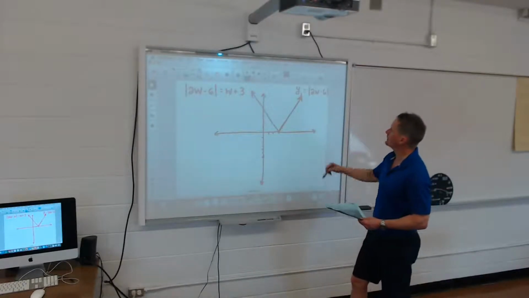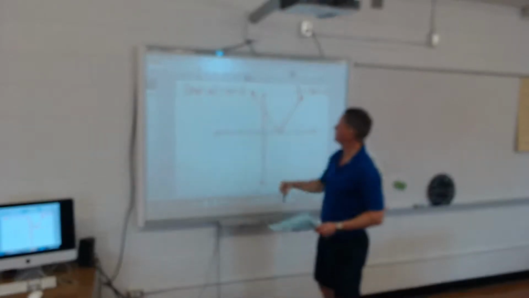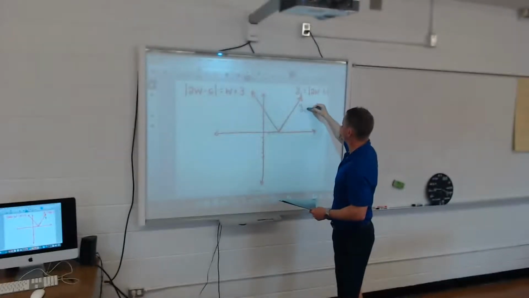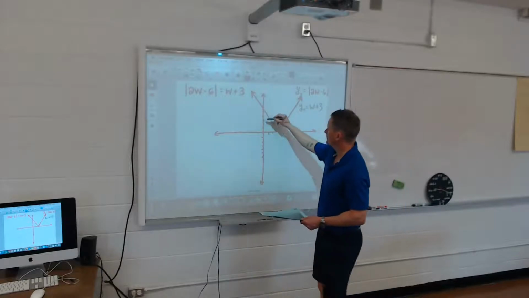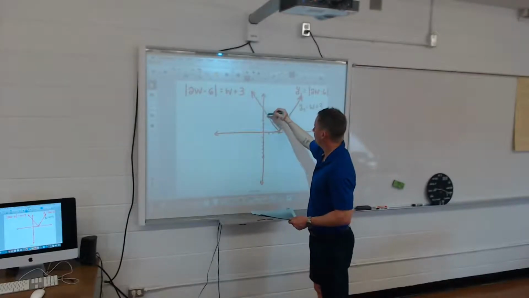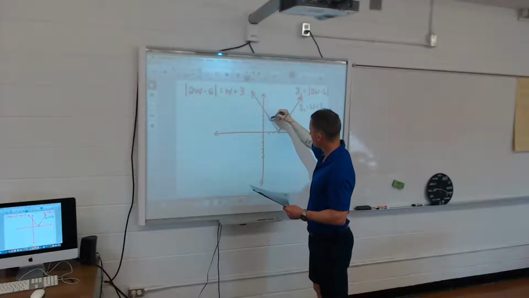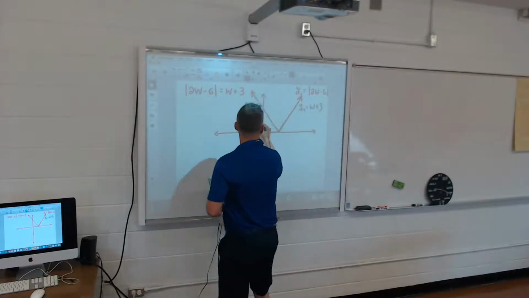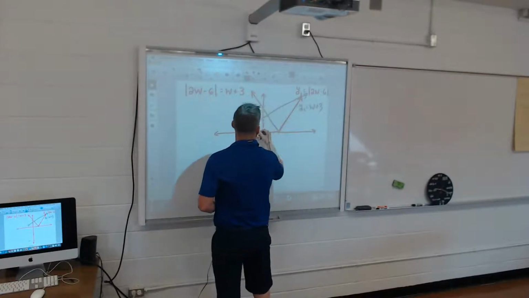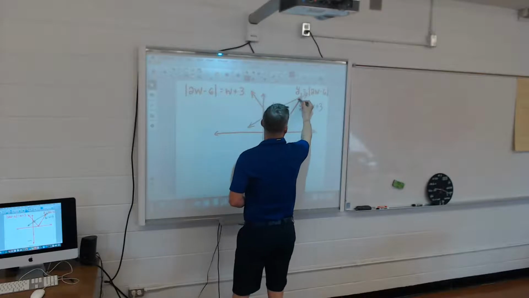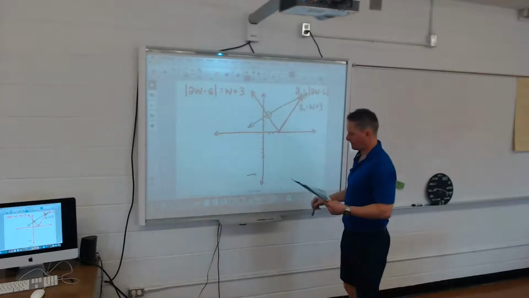Now what I want to do is graph w plus 3. So y2 is equal to w plus 3. So 0 and 3, up 1, right 1. That gives me that. So I've got an intersection point here and an intersection point up there.